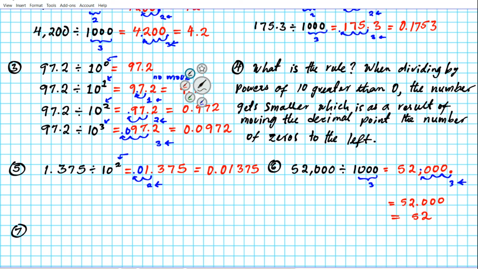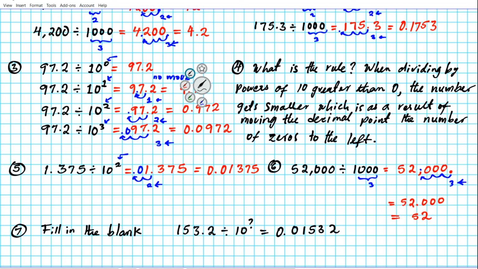Number 7, fill in the blank. We're going to work backwards now. So this is the question. 153.2 is divided by 10 to a certain power, and the result was 0.01532.